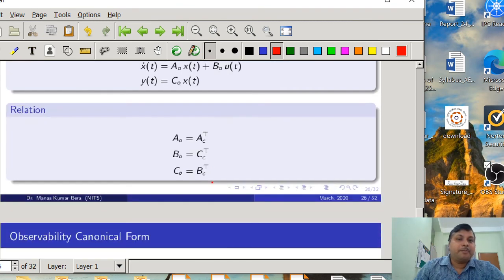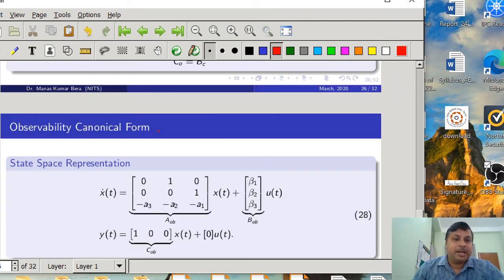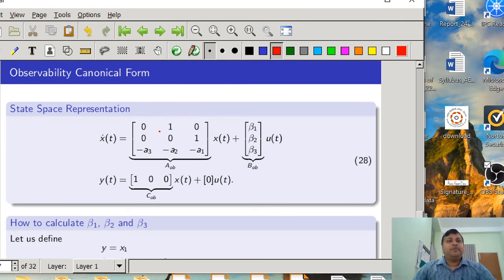Sometimes if you get the controller canonical form, the observer canonical form can easily be derived, or if you have the observer canonical form, then the controller canonical form can be derived using this relation. Now we will discuss the observability canonical form.